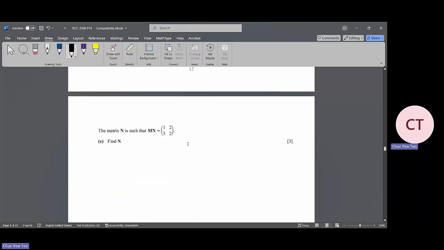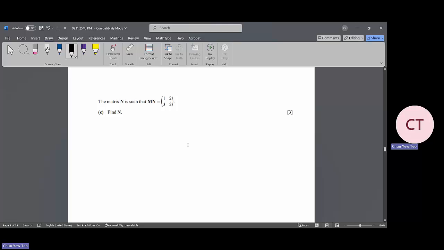Moving on, we have 5C. We need to find N. First of all, we need to find M inverse. M inverse, just now we know, is A inverse multiplied by B inverse. So from A, just now, is 1 over 3, 0, 0, 1.